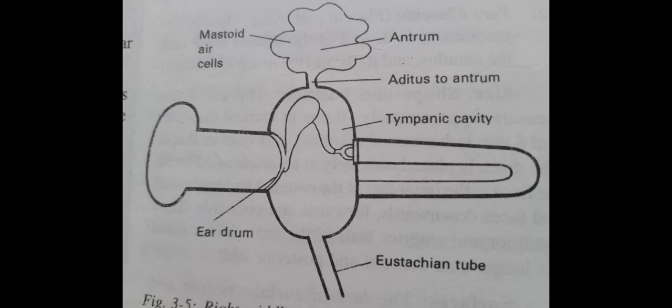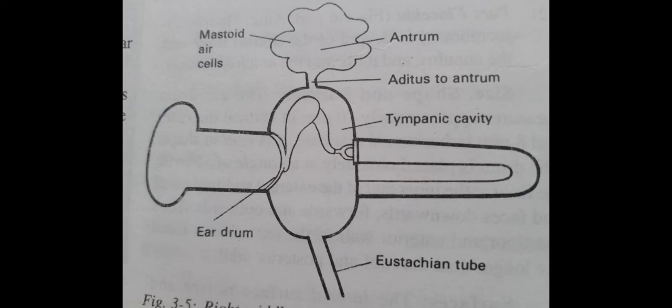The roof is formed by tegmen plate, and the lateral wall is formed by the cortex of mastoid bone. And posteroinferiorly the antrum communicates with the numerous mastoid cells.